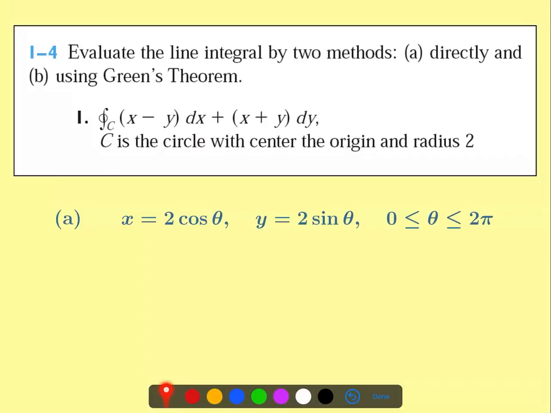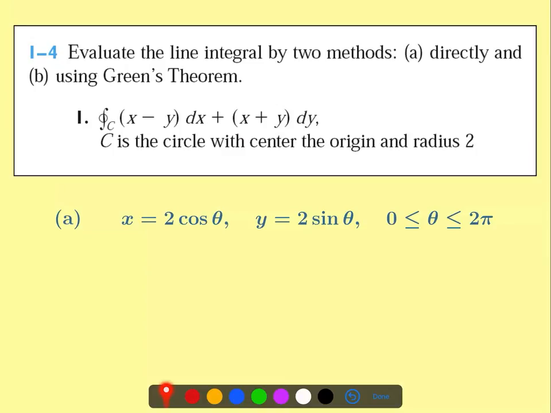When theta equals 0, we're at x equals 2 and y equals 0, so we're at (2, 0). And when theta equals pi halves, x is 0 and y is 2, so x, y is the point (0, 2), and we're at 2 on the y-axis. And as theta increases, you're going around the circle counterclockwise.